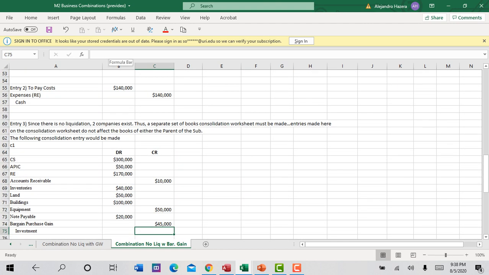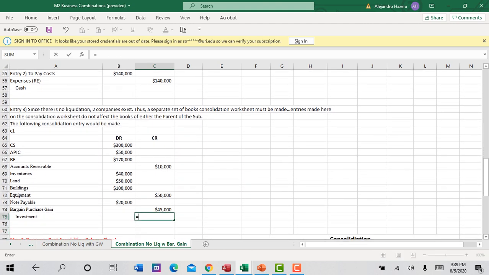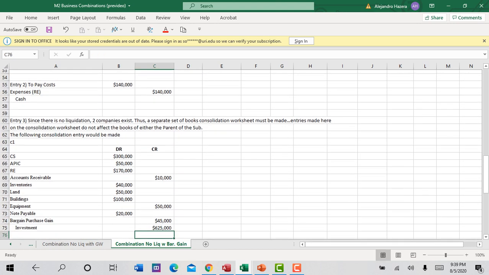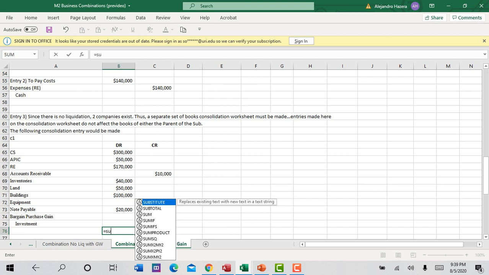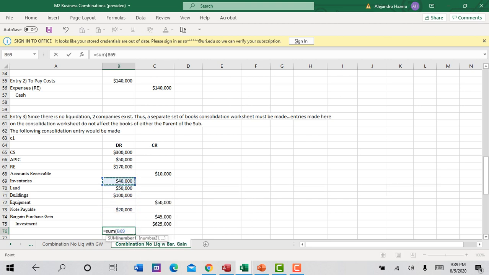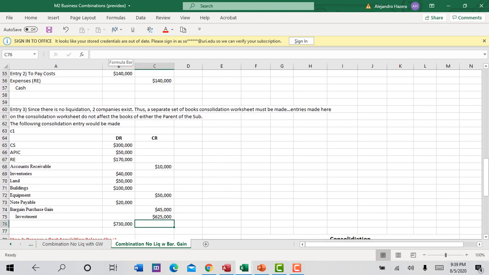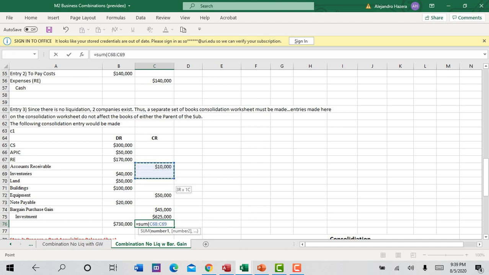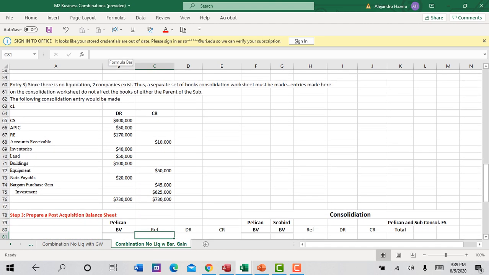They're like revenue. Okay, and then the investment account, all we're going to do is eliminate it, basically zeroing out that 625. Now, I want to make sure that this sums, and if it sums, our consolidation should be fine.